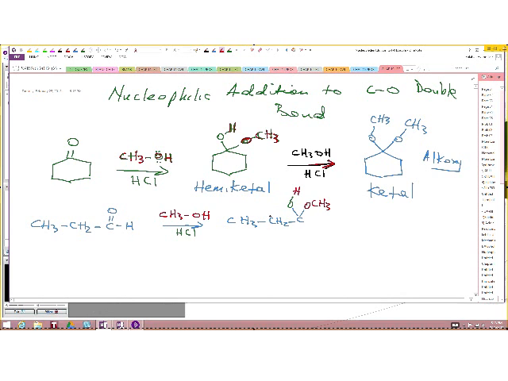In this case, we are also adding the alcohol across the carbon-oxygen double bond of the aldehyde. In this particular instance, I have a hydrogen here. We call this the hemiacetal.